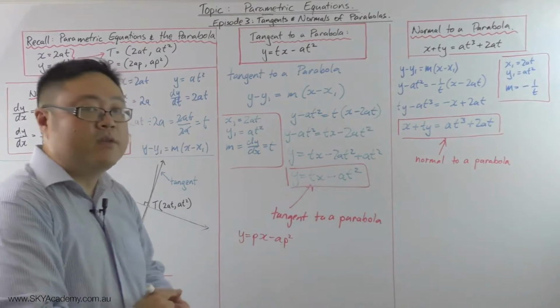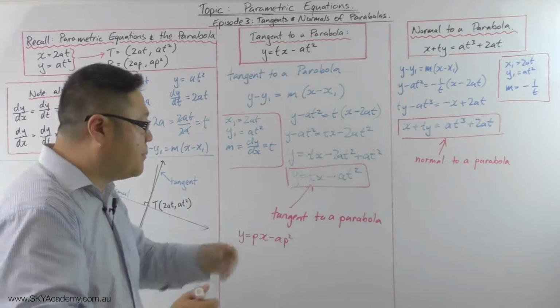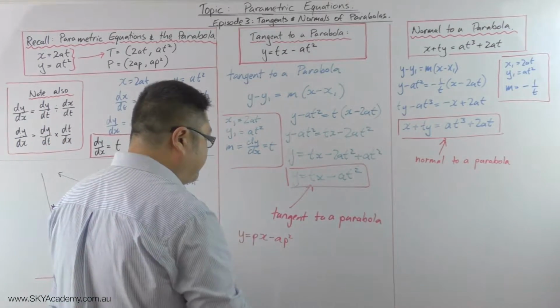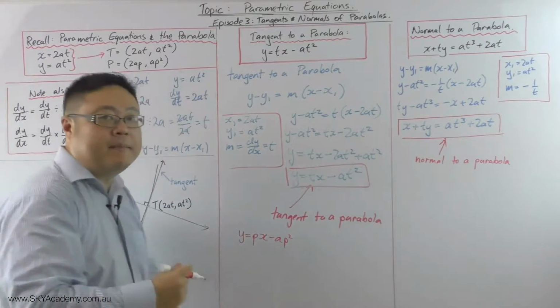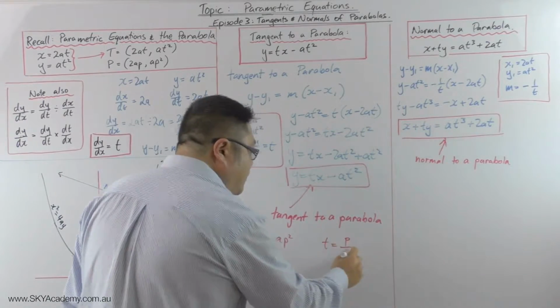And sometimes you might even get situations where your parameter is not t. Your parameter might be, say for example, some algebraic expression, where t is actually equal to p on 2, for example.